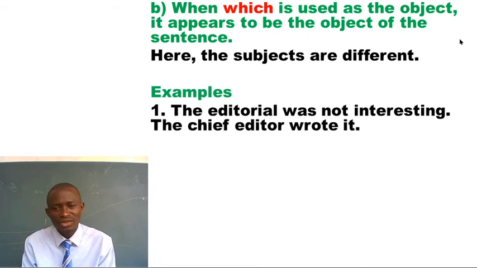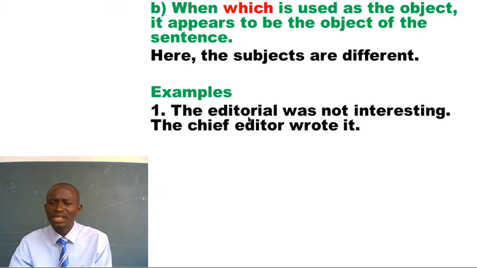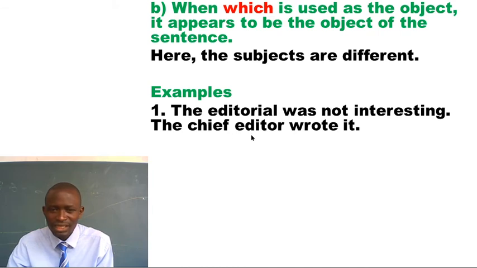The editorial was not interesting. The chief editor wrote it. We shall use the given structure, which, to answer this by identifying what we're talking about. We're talking about the editorial, and we have the chief editor.